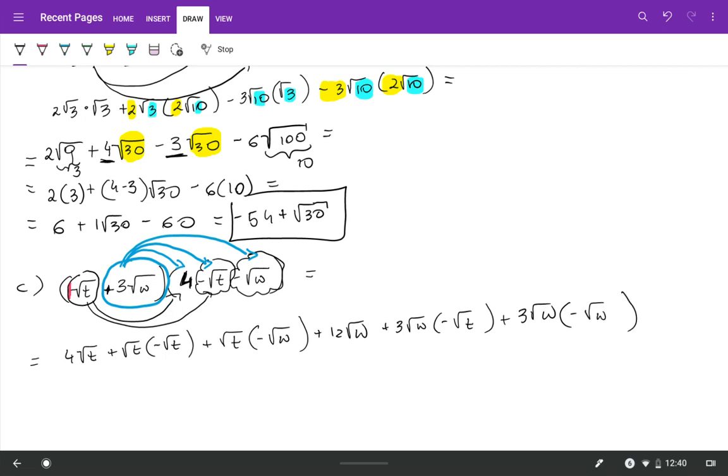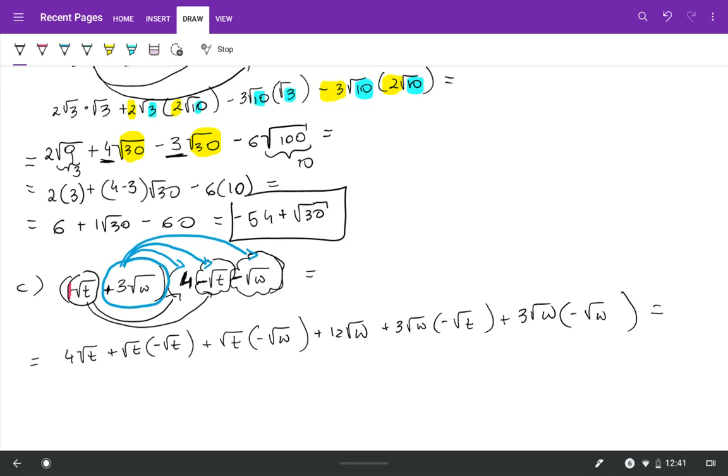So just be careful here. Make sure that when you distribute, multiply each by each, you take the expression with the operation in front of it, because that's very important. So that negative radical of t means negative 1 square root of t. Negative square root of w means negative 1 square root of w.